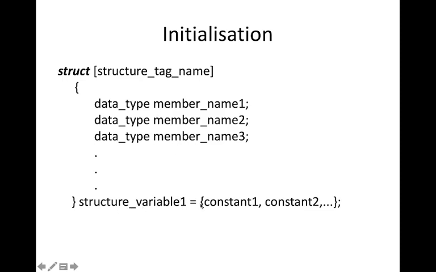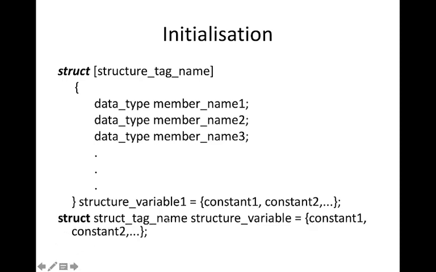Then you can do it like array initialization or string initialization. You will be giving some values inside braces. You have to give all the values, or if you want to give only three values, you can give the first three values. So like this you can initialize the structure: constant 1, comma, constant 2, like that. Another way is, if you are declaring the structure variable separately, then you can initialize like an array initialization.